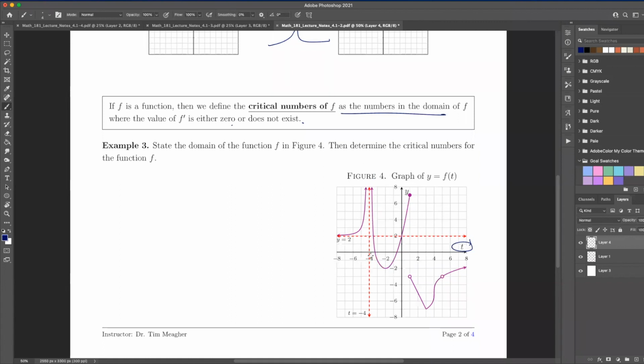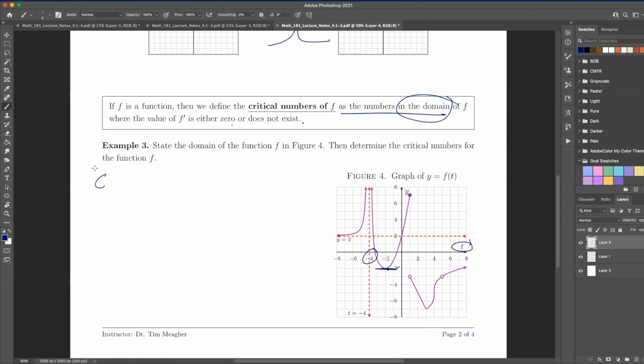But is -4 in the domain? And the answer is no, right? Since here I can see it clearly doesn't. So -4 doesn't quite qualify to be a critical number because it has to be a number in the domain, right? In the domain. But notice here at -2, we have a critical number.